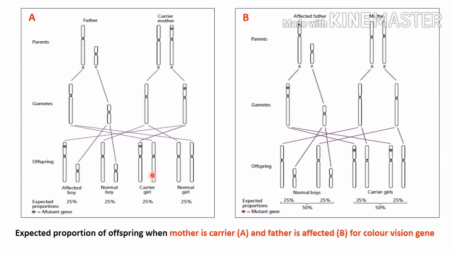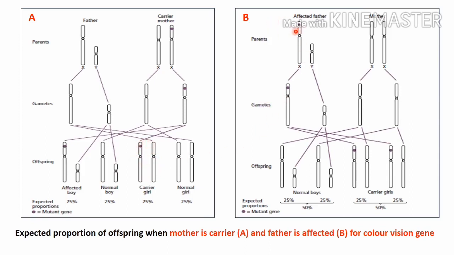If the X chromosome is contributed to a daughter, then this daughter will be a carrier but normal, and the other daughter will be normal. So in this case 25% of the offspring will be affected sons, 25% normal sons, 25% girls who are normal but carriers, and another 25% normal girls. So a total of 50% are girls who are normal, but out of them 25% are carriers.